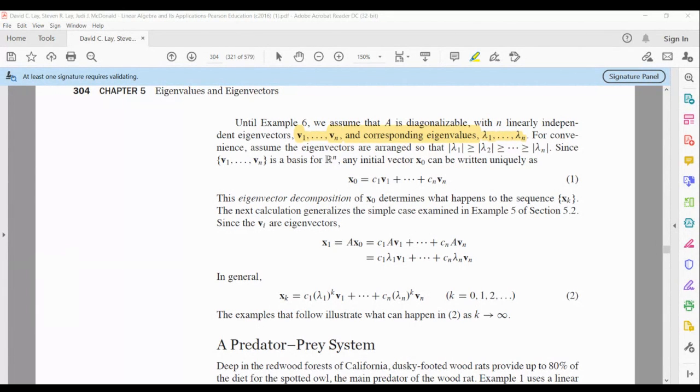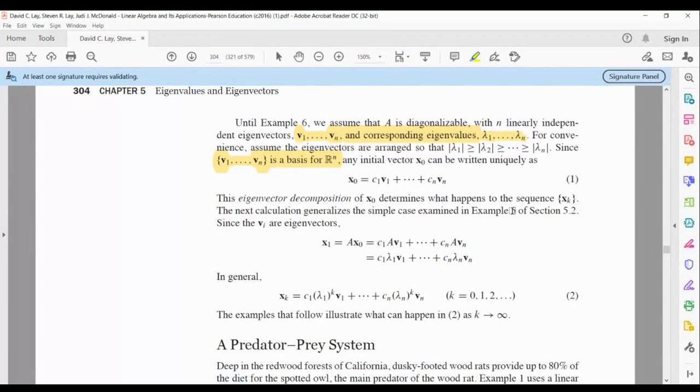So let's say you have a basis of eigenvectors for an n-dimensional space, R sub n.